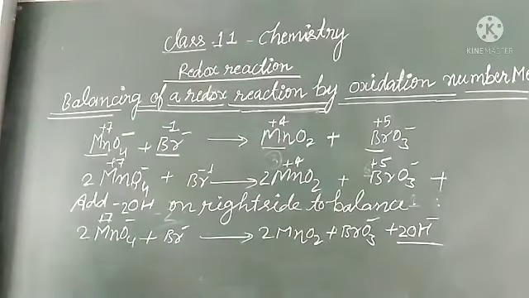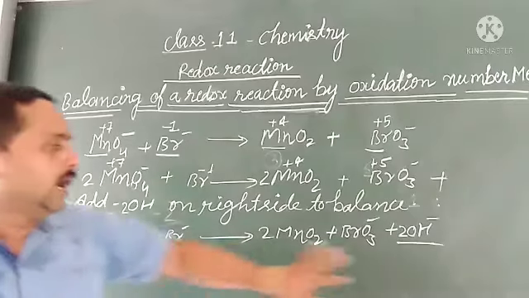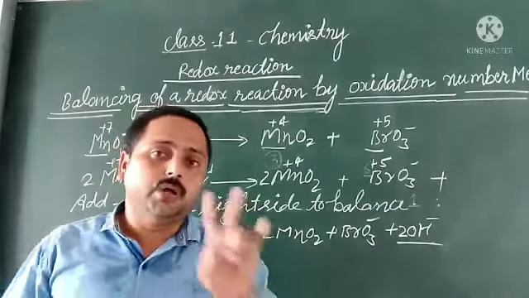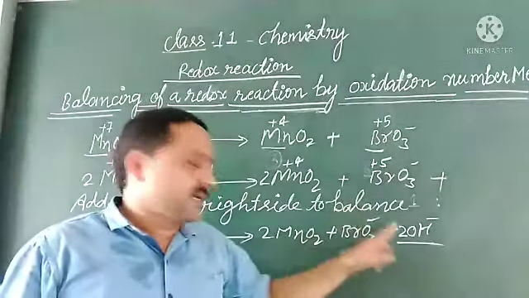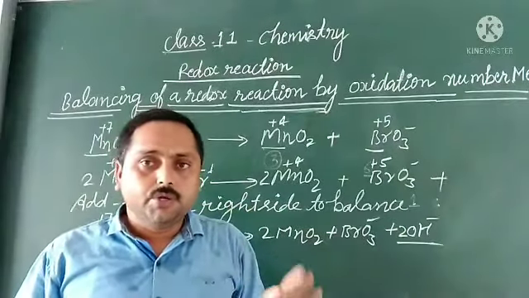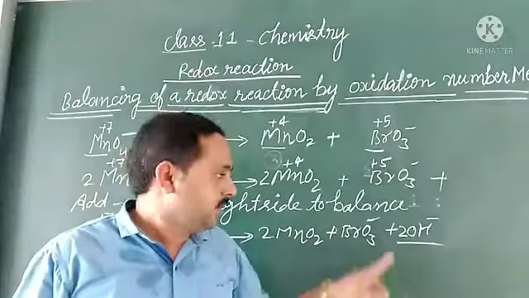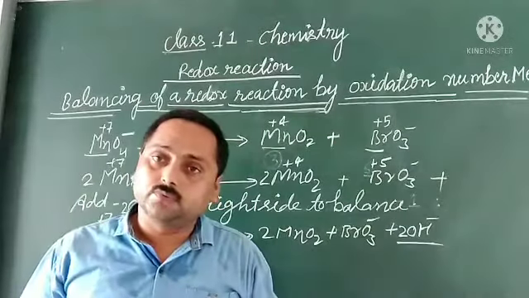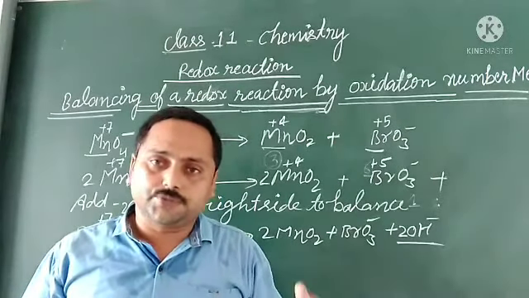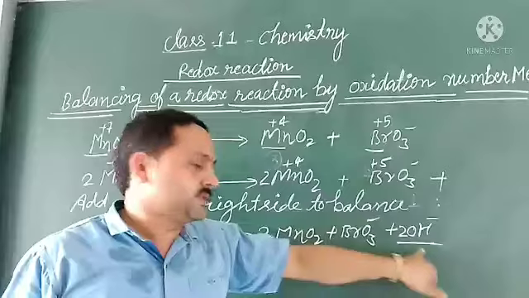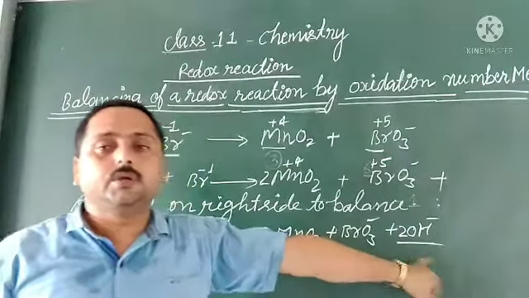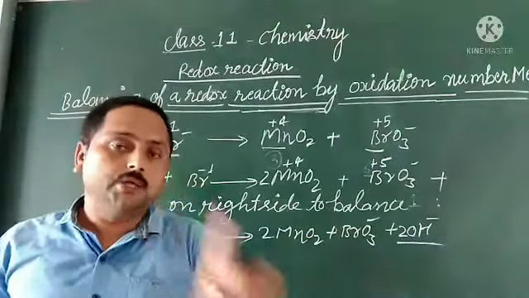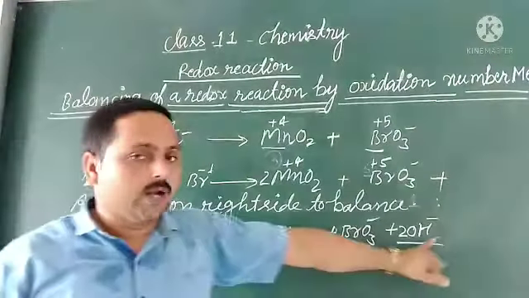hydrogen. So for that side, how many hydrogens are there? 2 hydrogens are there. That side there are 2 hydrogens. To balance them, we will use H2O. So 2 hydrogen is there. So we can add 1 H2O this side. In that 2 hydrogen is there.